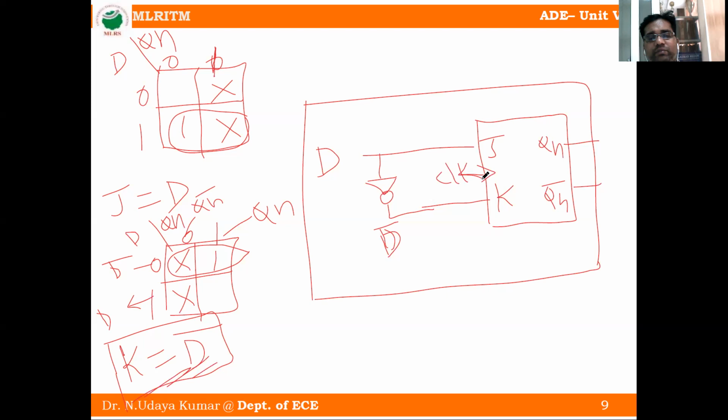This flip-flop conversion we call analysis of sequential circuits. So these are all conversions.